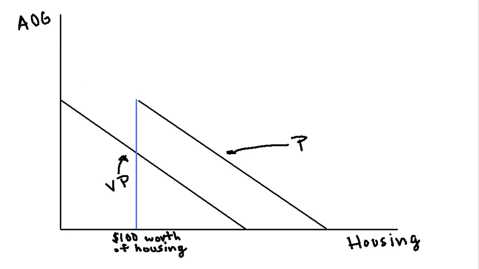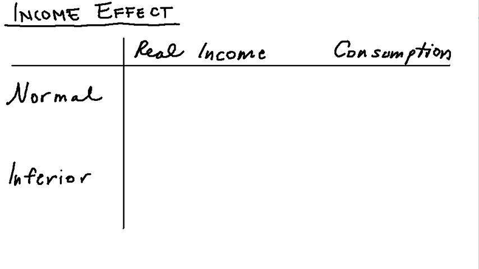We've been talking for quite a while now about analysis of budget lines, so let's switch it up and start talking about the income effect. So the income effect is simply defined as the effect on consumption of an increase in real income holding relative price constant. So in the corner here, I'll just draw it. What is the effect on consumption of going outwards to a new budget line with the relative price constant between the two budget lines?